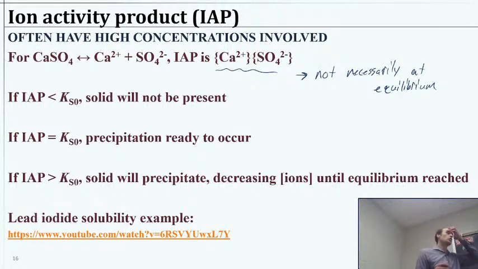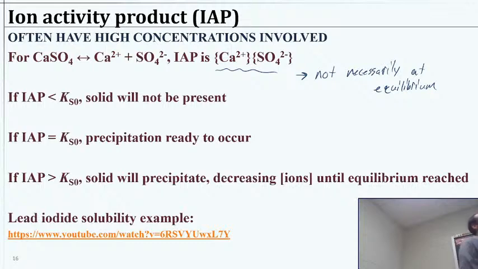Okay, so this is checking a condition and comparing it with our equilibrium constant to see what's going to happen. Okay, so if the IAP is less than our solubility product, we're not going to have any solid.